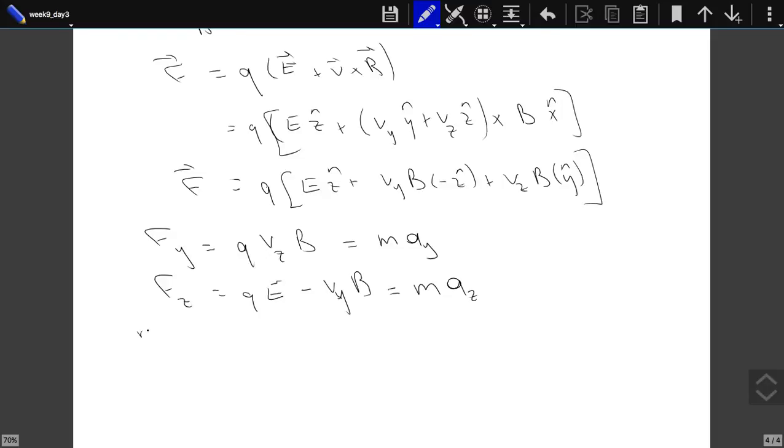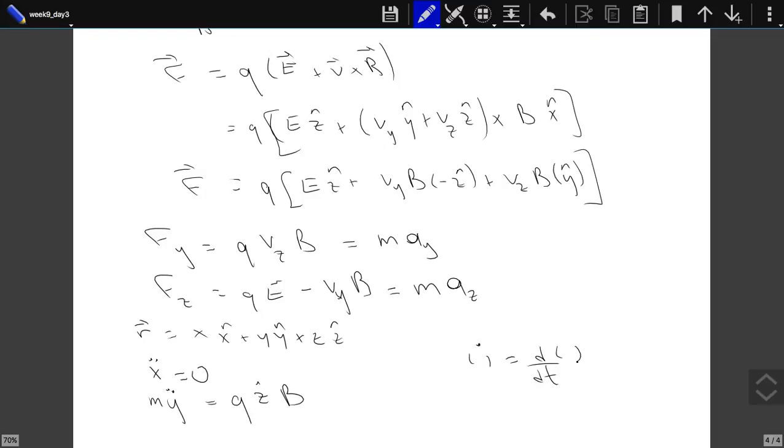Now, if we denote the position r as x in the x hat plus y in the y hat plus z in the z hat, then x double dot is 0 because there is no force in the x direction. m times y double dot, this is mass times ay, is equal to q times z dot B. This dot notation, by the way, is just the time derivative.